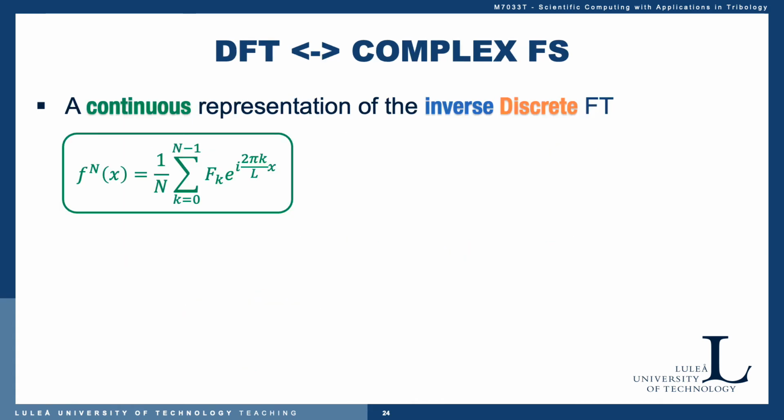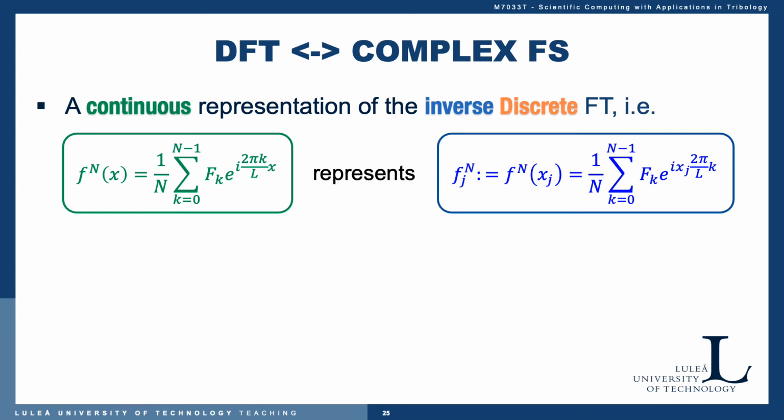It turns out there is a quite clear relation between the discrete Fourier transform and the complex Fourier series. This can be seen as a continuous representation of the inverse discrete Fourier transform, which mathematically can be described like this. So here in green we have the continuous representation of the inverse discrete Fourier transform, where we just have replaced x_j with x.